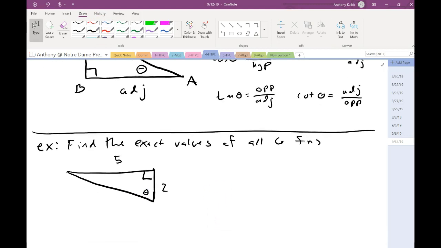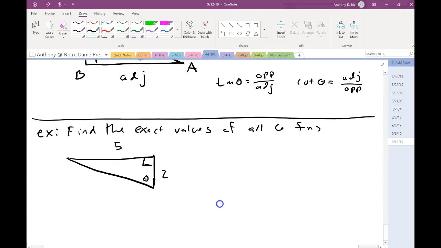So before we start filling in these trig functions, what do we need to do? Before we can answer this question of the exact values of these trig functions, what do we have to do? Find the hypotenuse. Good. How do I find that hypotenuse?